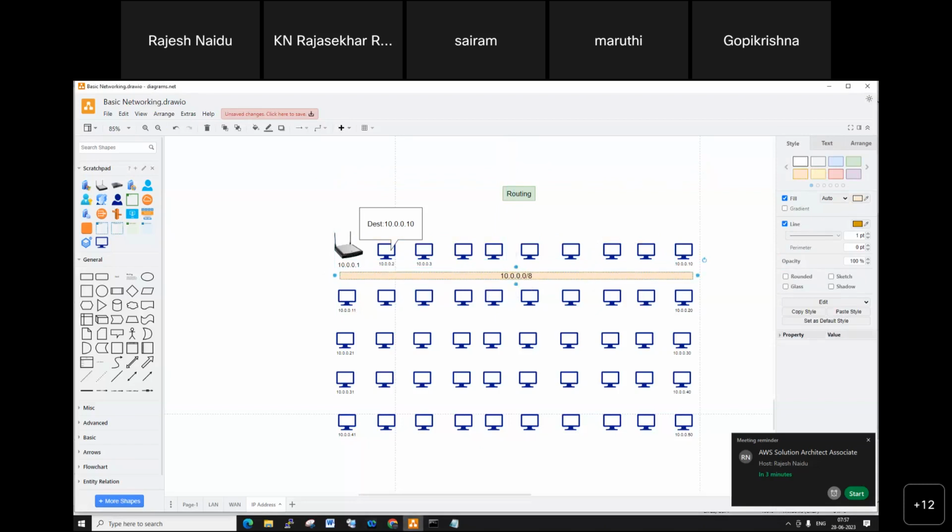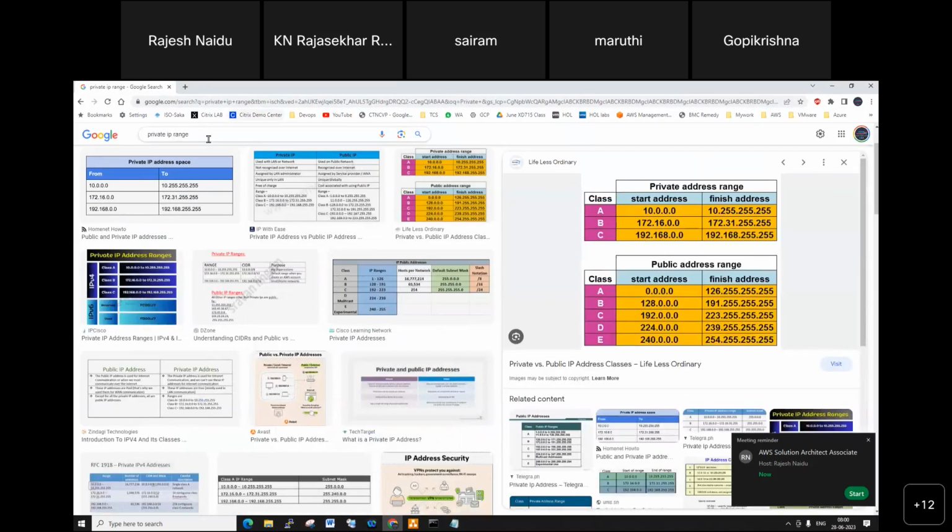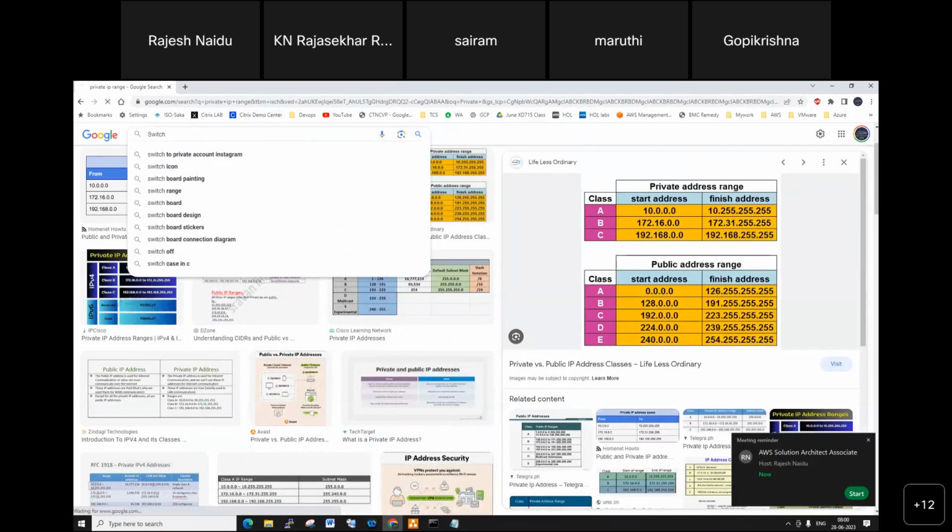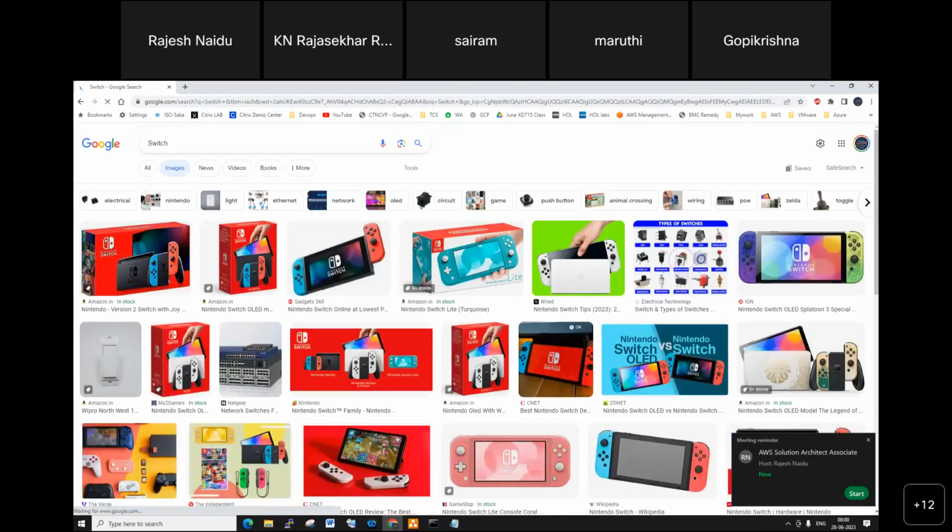Just give me a minute. I'm back, guys. So how the system will be communicating means there is a network. The network means there is a switch available. Example, it will be considered as a switch. Every system will be communicating like this. So normally, mostly you can see the switch in your real-time environment like this. Network switch.